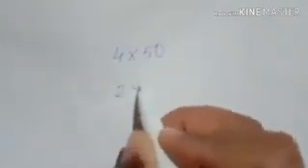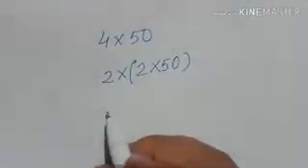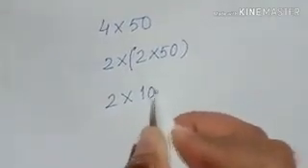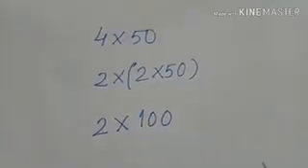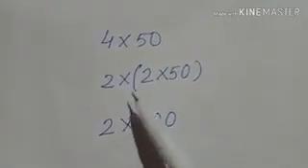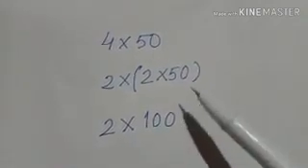Therefore, 4 times 50 is renamed as 2 times 50, and it is also renamed as 2 times 100. So we can understand that if we rename the numbers using multiplication, it will make the calculation easier.